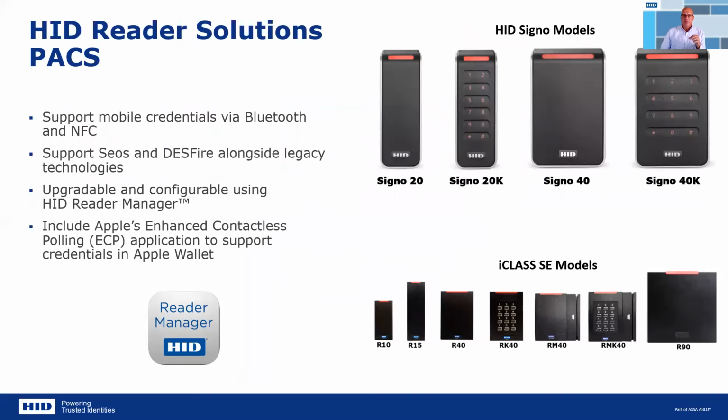Very quickly about the HID readers and the solution. The latest family of HID access control readers, HID Signo models, all support the HID mobile access solution by default. The iCLASS SE family of readers, which have been on the market for more than 10 years, can be upgraded with the Bluetooth module to support HID mobile access.